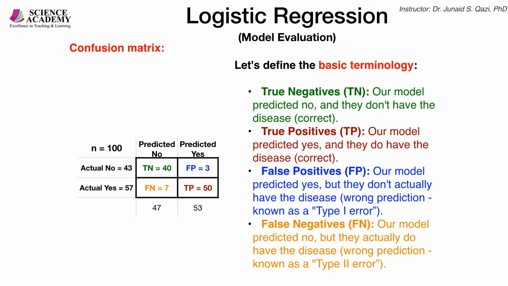In orange, we have the false negatives. These are the cases for which our model is predicting no, however, these are yes in reality. These wrong predictions, where the model is predicting no for actual yes, are type 2 error.